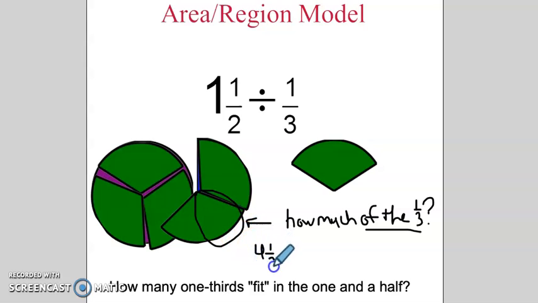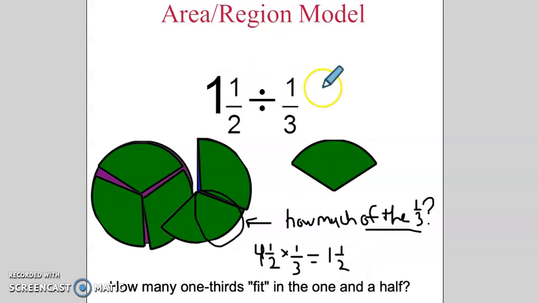So this is how we get 4.5 times 1/3, right? 1/3 pieces times 4.5 gives us our 1.5. And now you can also check this.